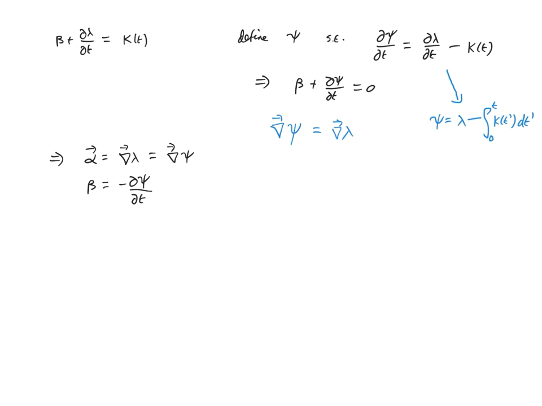And so plugging these expressions into our gauge transformations, we have our final result, which is that the vector potential A primed is related to the original vector potential A plus the gradient of psi, that's the alpha field, whereas the scalar potential phi primed, the transformed scalar potential, is equal to the original scalar potential phi plus beta, which is minus d psi by dt.